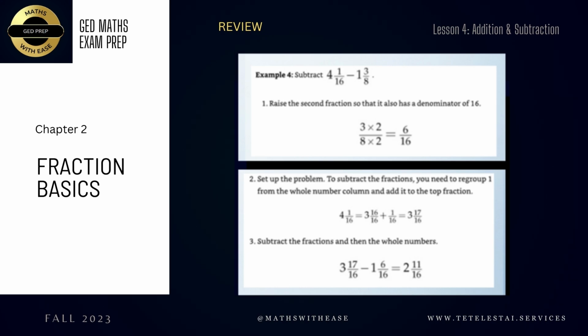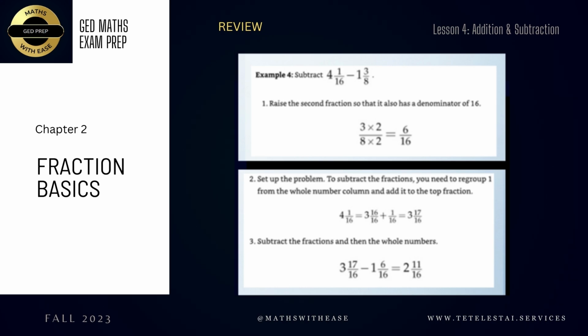And then you want to reduce, because the numerator in our mixed number 4 and 1/16 is smaller than the numerator for this mixed number. So we're going to borrow a 1 from 4. And when we do that, we rewrite our fraction as 3 and 16/16 plus 1 and 1 over 16.